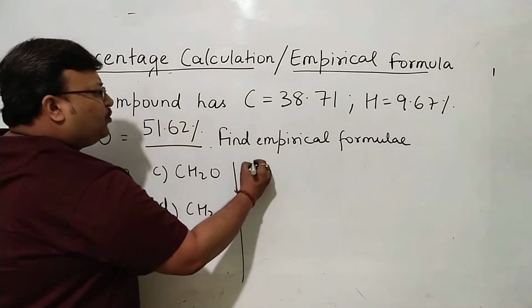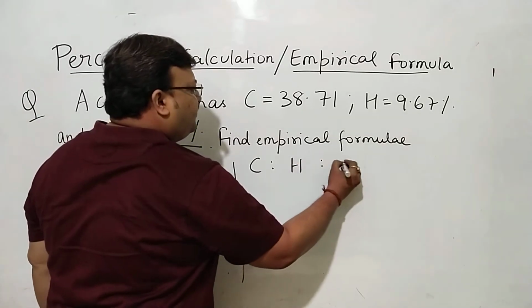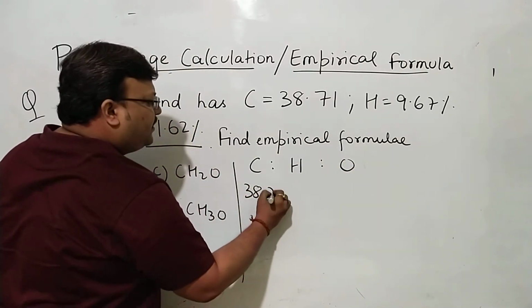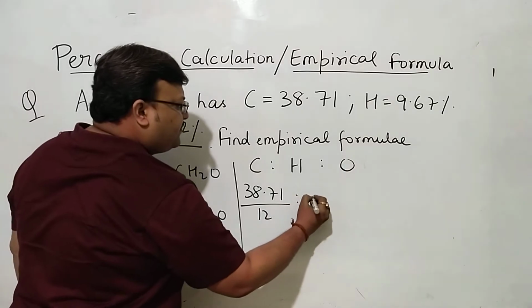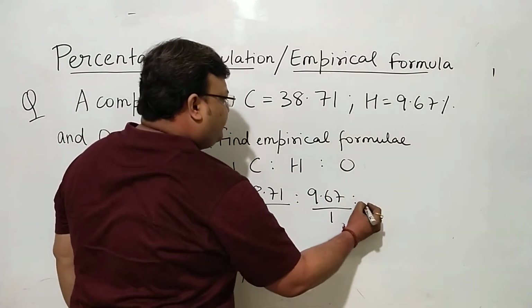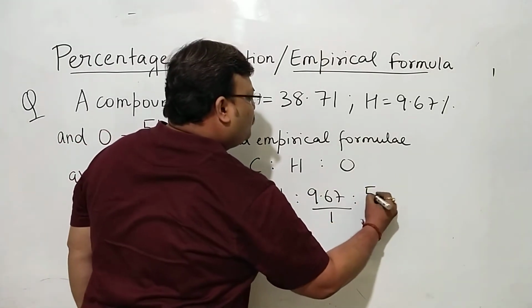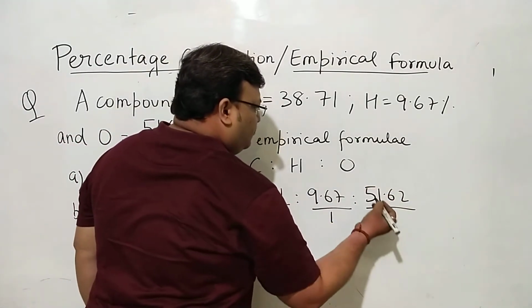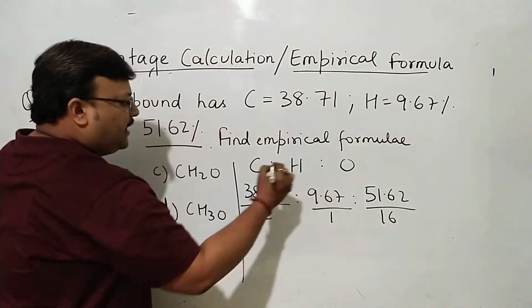So what we need to do is carbon to hydrogen to oxygen is 38.71 upon 12 to 9.67 upon 1 to 51.62 upon 16, the corresponding atomic weights.